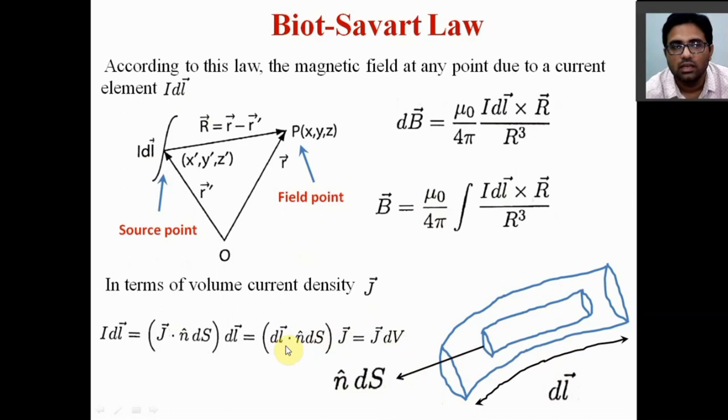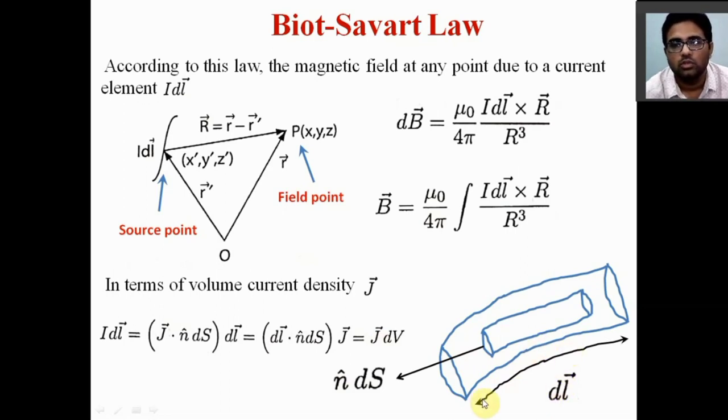So dl dot n cap ds will give us the volume of this element, right? Length multiplied by the area is actually volume, you know. Here we use the fact that the volume current density J is parallel to dl, because by definition dl is parallel to the direction of current in it.